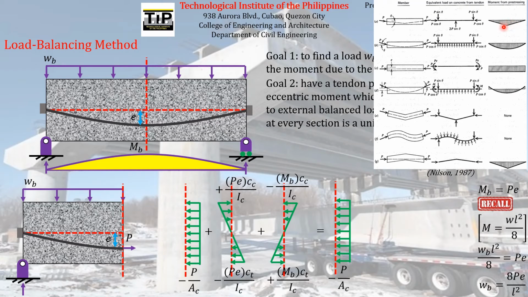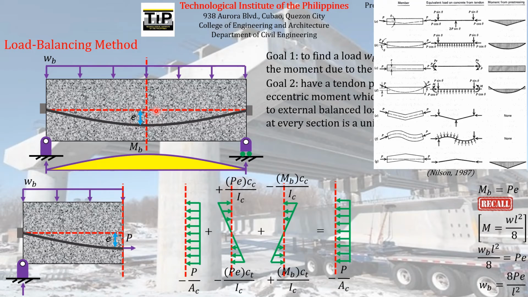Since this is similar to the bending moment produced by the applied concentrated load at midspan, we can be assured that they will cancel each other at every section of the concrete element itself. So that is how you can choose which tendon profile you have to use to balance the applied load on the concrete element.